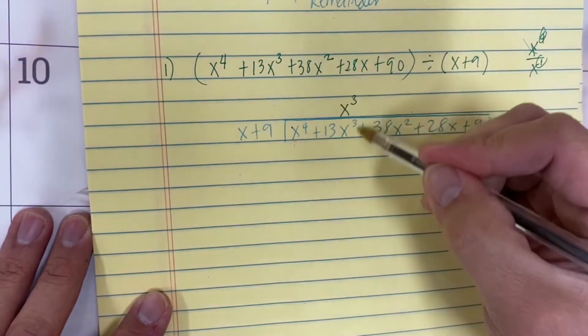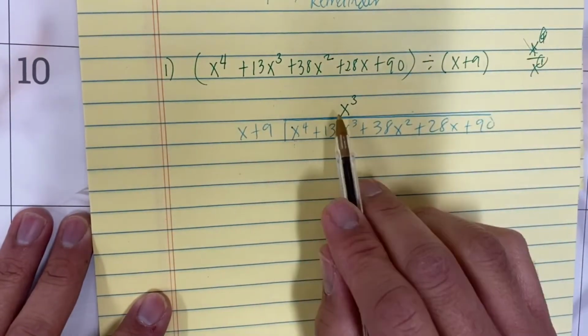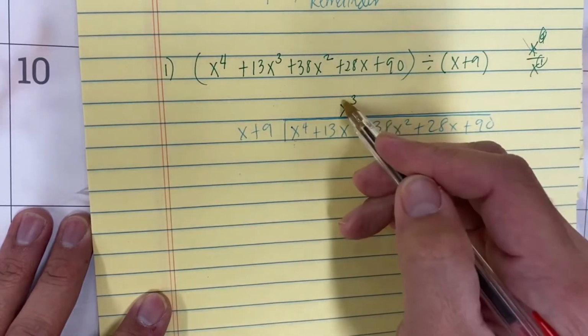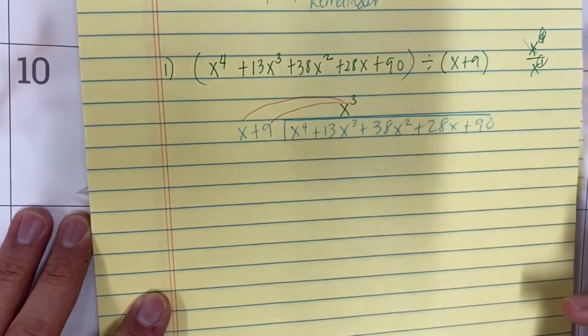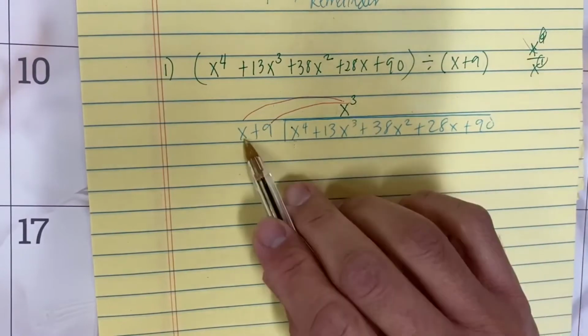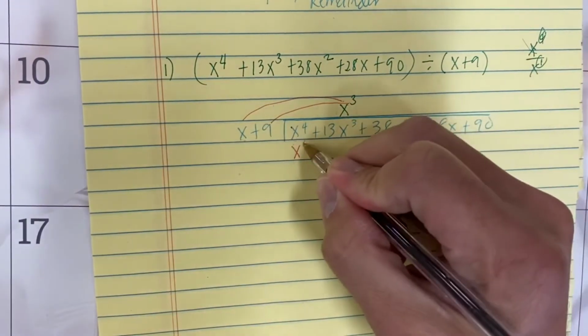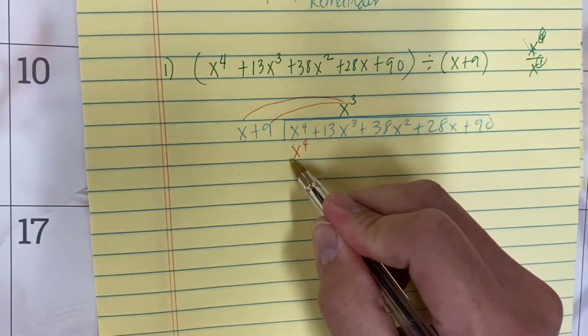I align it on the x to the 3rd. Then you multiply the x cubed here and there. x to the 3rd times x will give me x to the 4th. They will always be the same as long as you do it right.